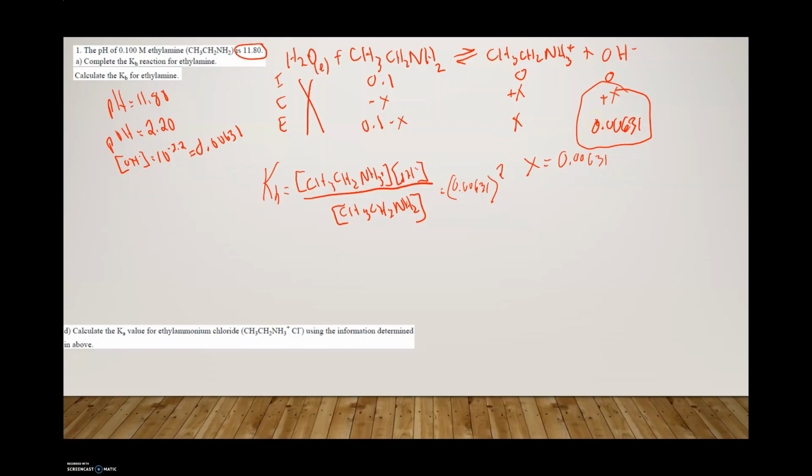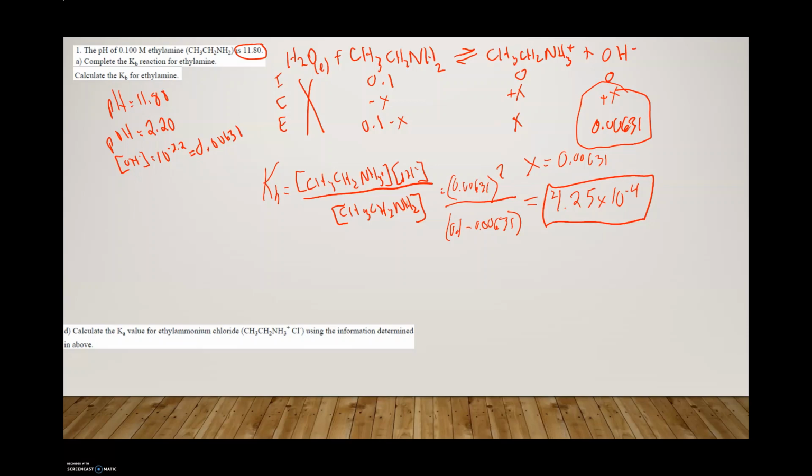X times X is X squared, divided by 0.1 minus 0.00631. Going through the math, you plug it in, you square it, divide by that in parentheses, make sure you use parentheses here. You end up with 4.25 times 10 to the negative 4 for your answer. So this is the value of Kb for that particular compound.